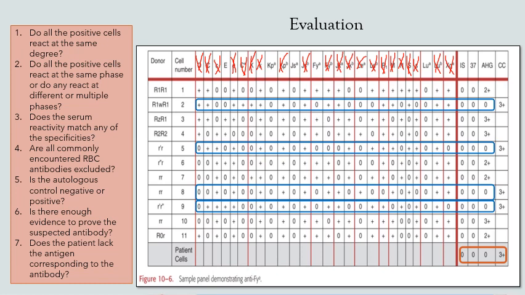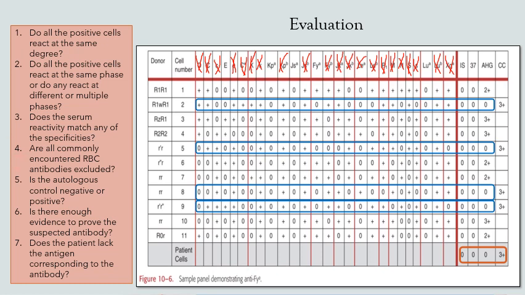So we are done with the cells that have no reaction in all cases. So let us proceed to the ones with reaction in the AHG phase. Question number 4. Are all commonly encountered RBC antibodies excluded?